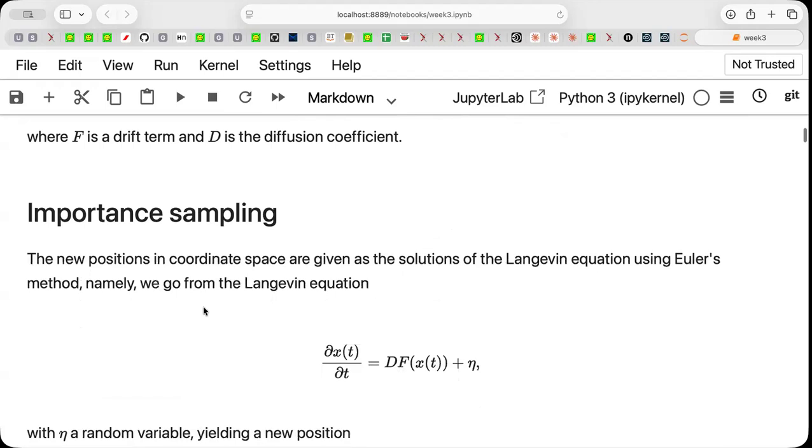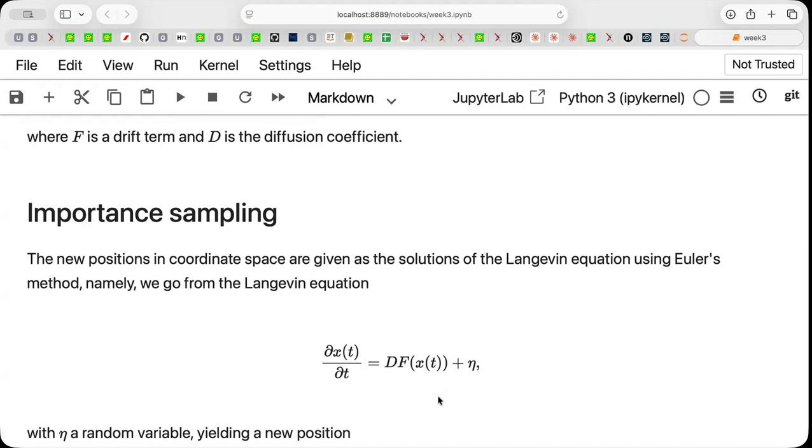Now, importance sampling, which we're also going to discuss in more detail next week, is linked with the Fokker-Planck equation through the Langevin equation. This is a differential equation which allows us to find the next position when we integrate it up, where we have a force which acts on the motion of the particle, and then some kind of random fluctuations.